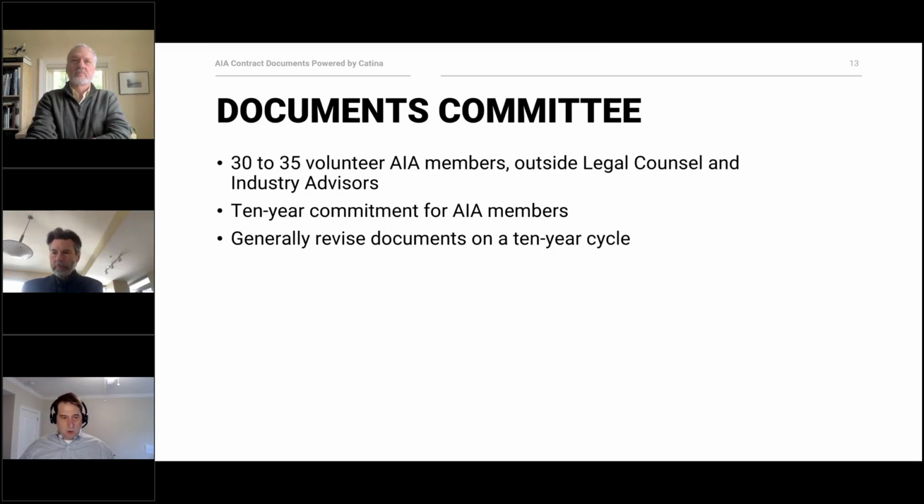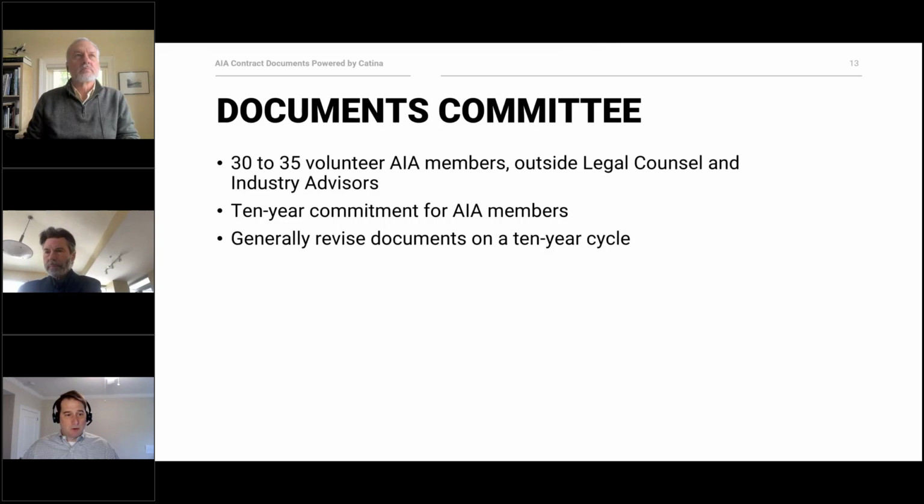So while there's a requirement, because it is an AIA committee, that everyone be a licensed architect, many of our members are practicing at contractors or are working with owners in their official capacity. So we just try to get some diversity of opinion from there, in addition to our outside advisors.